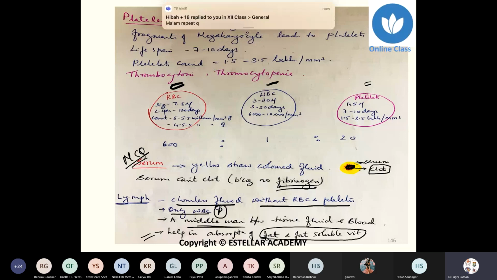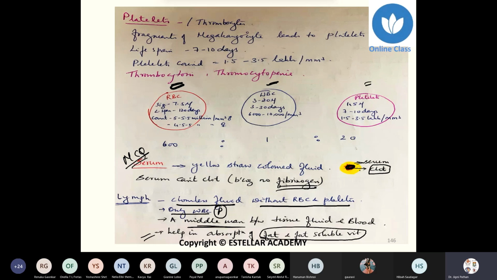I said in the intestine there are blood vessels. Along with the blood vessels, there are lymph vessels that absorb the fat. What are these lymph vessels called? Very good, Abida. It is lacteals. Do you remember, Hiba? Very good.